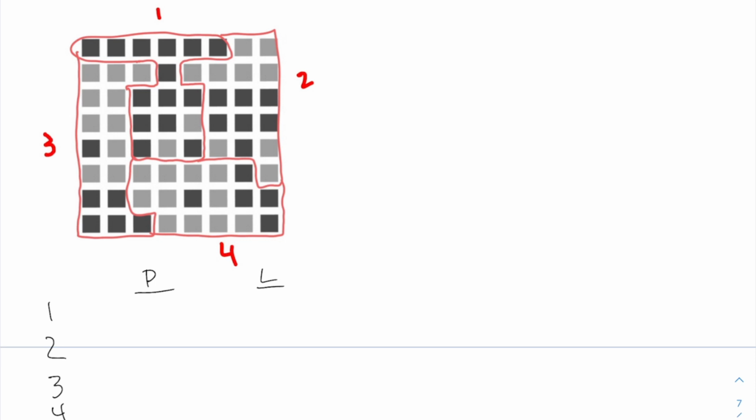In District 1, I will count the L's because there's 2 L's, and that means there's going to be 14 D's. Right? In District 2, I see 1, 2, 3, 4, 5, 6, 7 darks, which means there should be 9 lights. In District 3, over here, I see 1, 2, 3, 4, 5, 6 darks, which means there will be 10 light. And in District 4, I see 5 darks, 11 lights.